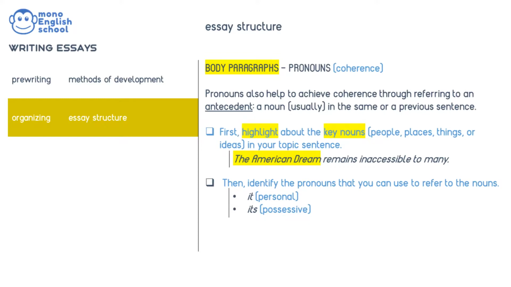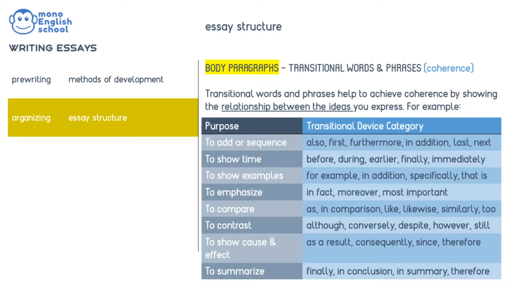The final consideration is the use of transitional words and phrases. These are used to show the relationship between different ideas in your paragraph. You can use transitions to add information or sequence events, such as also, first, furthermore, and so on.